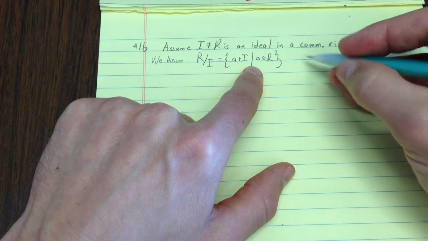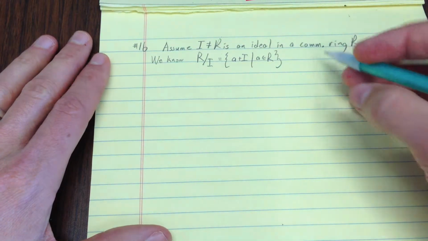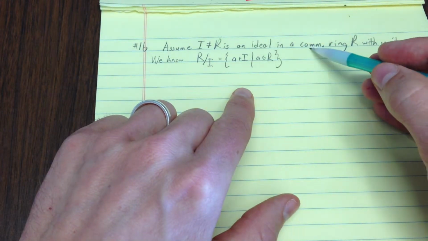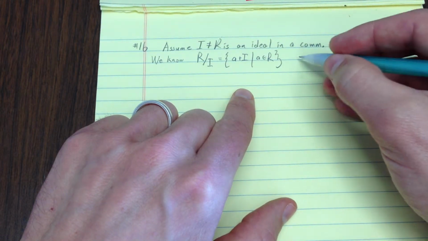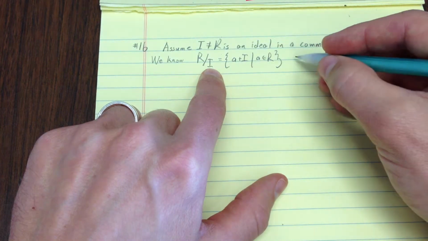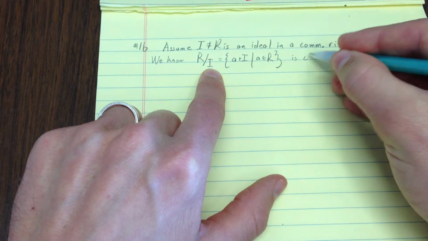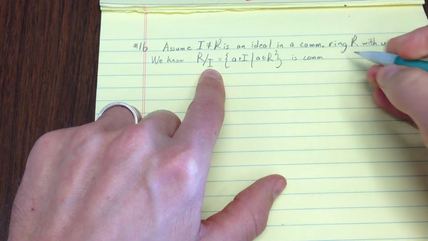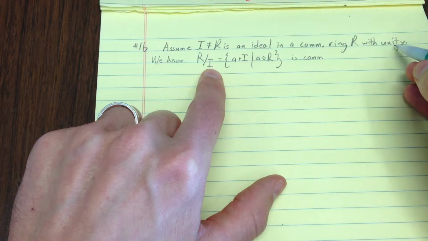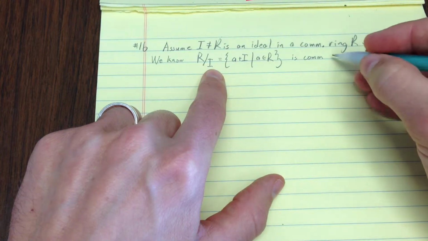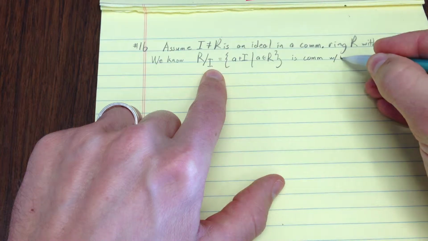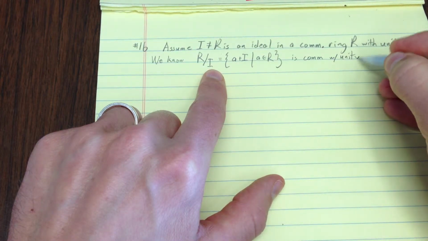If I is an ideal, then this is itself a ring. We know that if R is commutative, R mod I is commutative, and if R has unity, R mod I has unity by theorem 6.9.